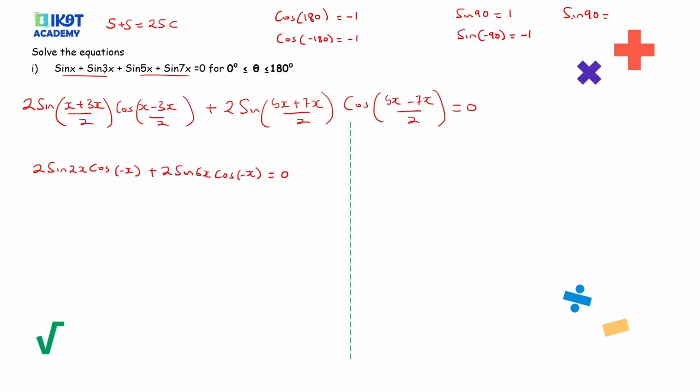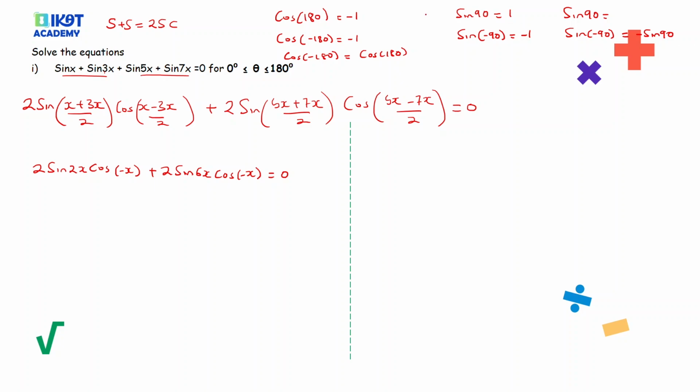Cos of negative 180 is equal to cos of 180, so when I have a cos with a negative inside, I can just make it positive. But sine of negative 90 is the same as negative sine of 90, so it's negative 1. I hope that makes sense.